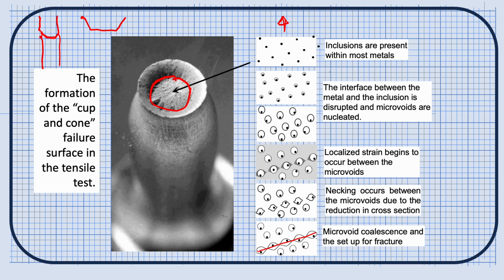And once that happens, now you've formed this surface. When this surface of failure gets big enough, then from that point, failure is much faster, goes at a 45-degree angle in shear.